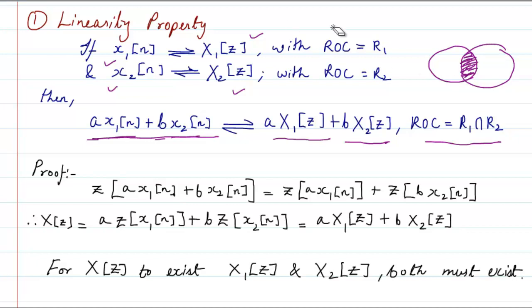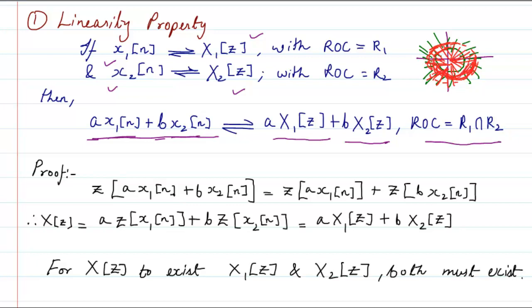So similar to that, suppose I am having one region of the ROC which looks, let's say, something like this, in which this is outside, and another region is suppose for the second circle, which has the region of convergence ROC to be inside this red circle, then you can see that the green and the red will be both overlapping in between these two circles in the shape of a ring.